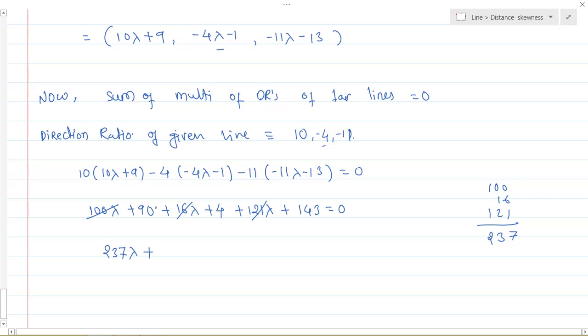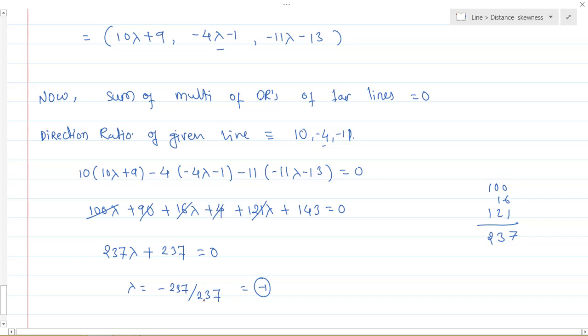Then 90 plus 4 is 94, plus 143 gives 237. So 237 lambda plus 237 equals 0. Perfect. So what is the value of lambda? Lambda becomes minus 237 upon 237, which is equal to minus 1.